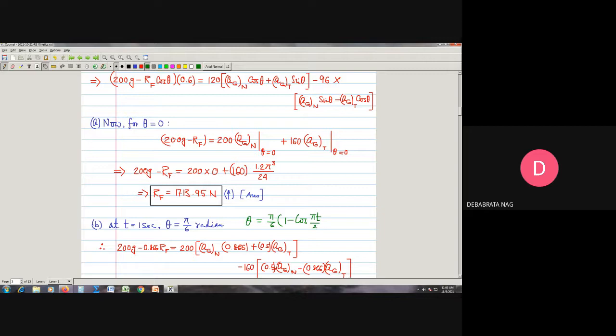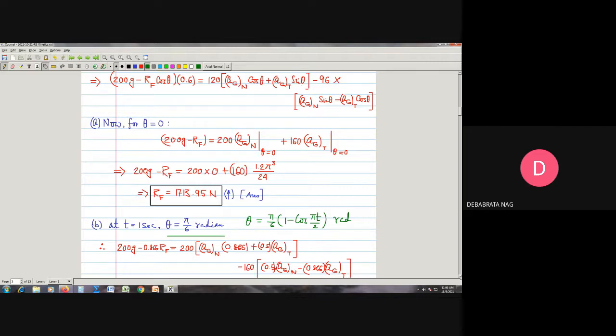So when you put T equal to 1 second, the cos part will vanish, and theta becomes equal to pi by 6 radian when T becomes equal to 1 second. So if you put T equal to 1 second, that means if we put theta equal to pi by 6, it is as good as telling that theta is equal to pi by 6 in the above general equation.